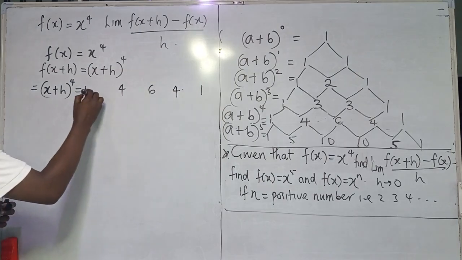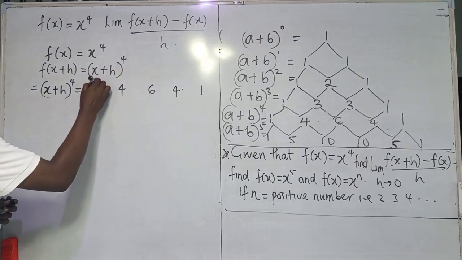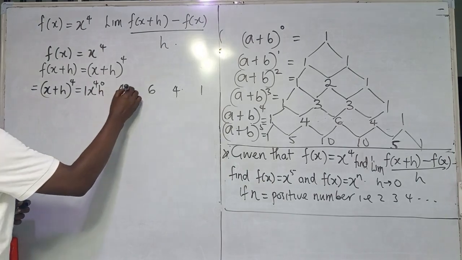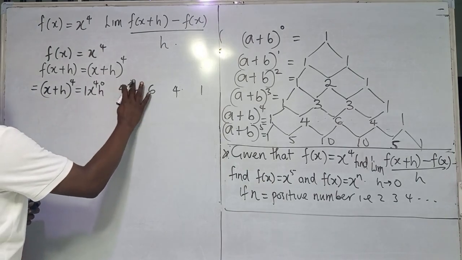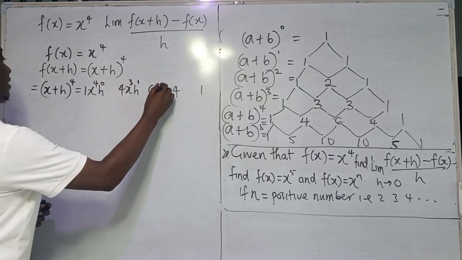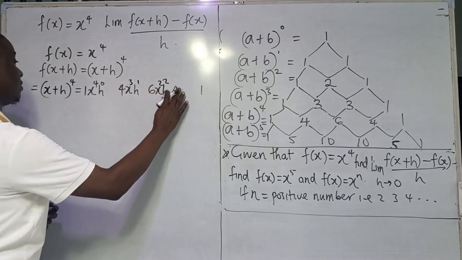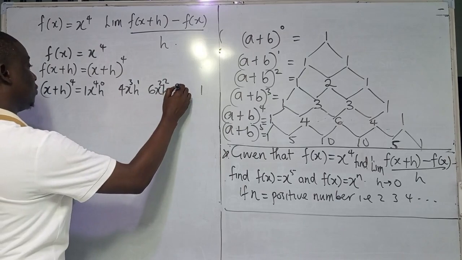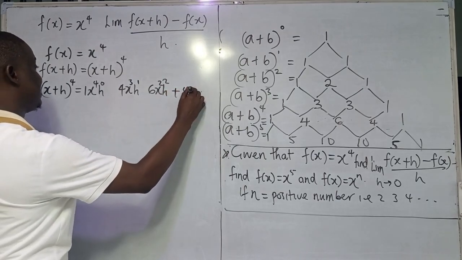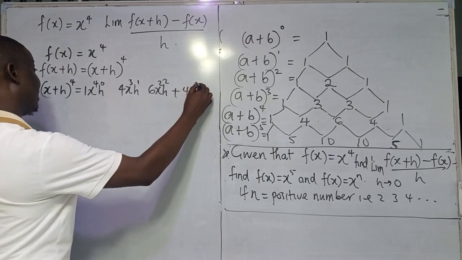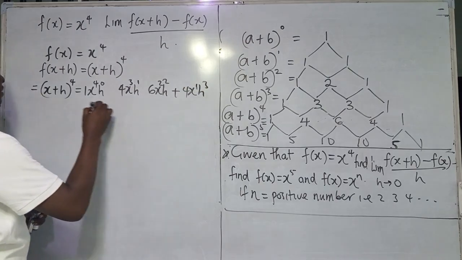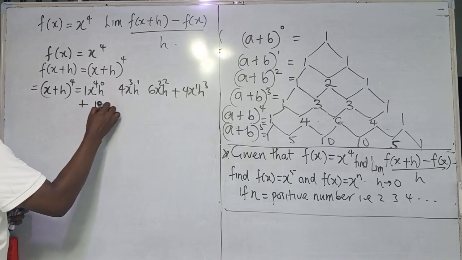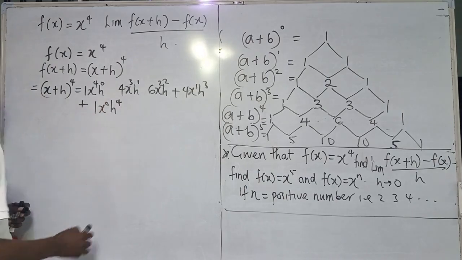So if you do that, you are going to have x^4 h^0, 4 x^3 h^1, 6 x^2 h^2, then 4 x^1 h^3, then lastly 1 x^0 h^4.